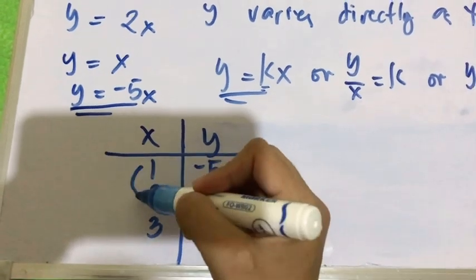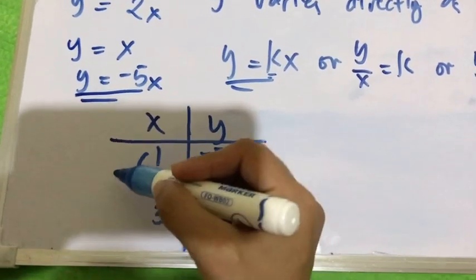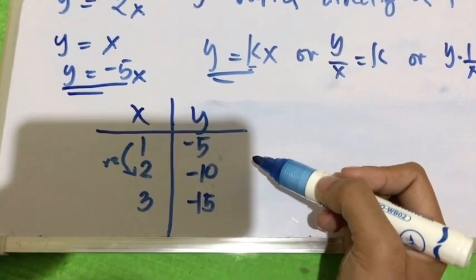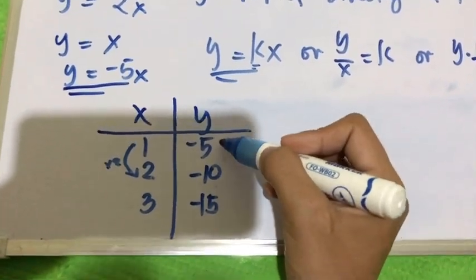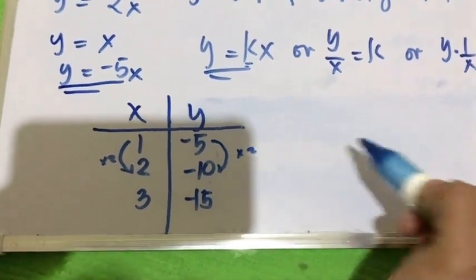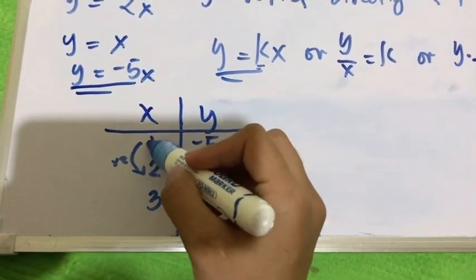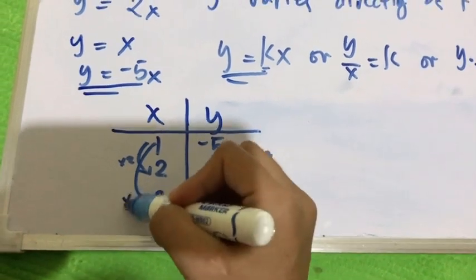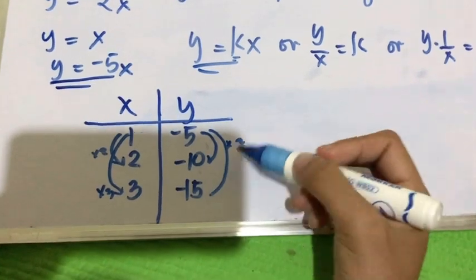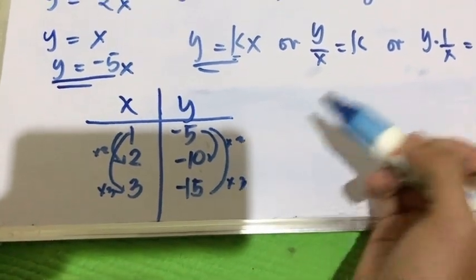So, in here, we simply multiplied by 2. Am I right? And in here, we also multiplied by 2. And in here, we multiplied 1 by 3, while on the right side, we also multiplied by 3.